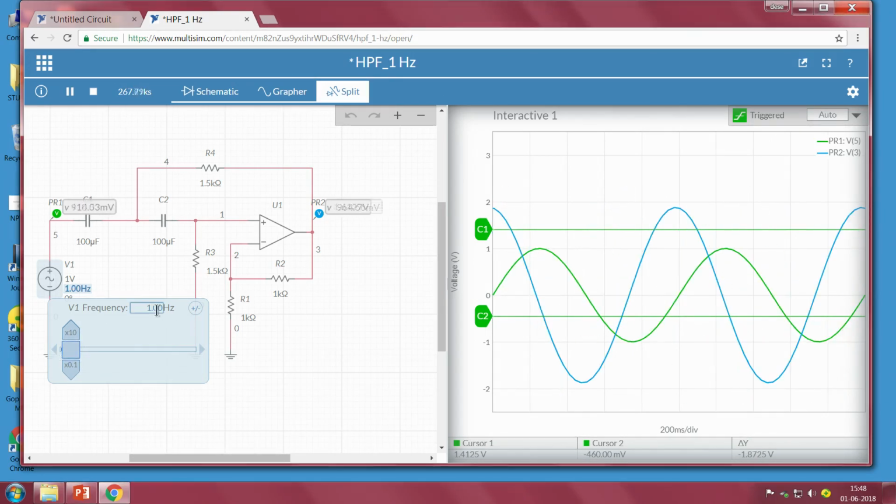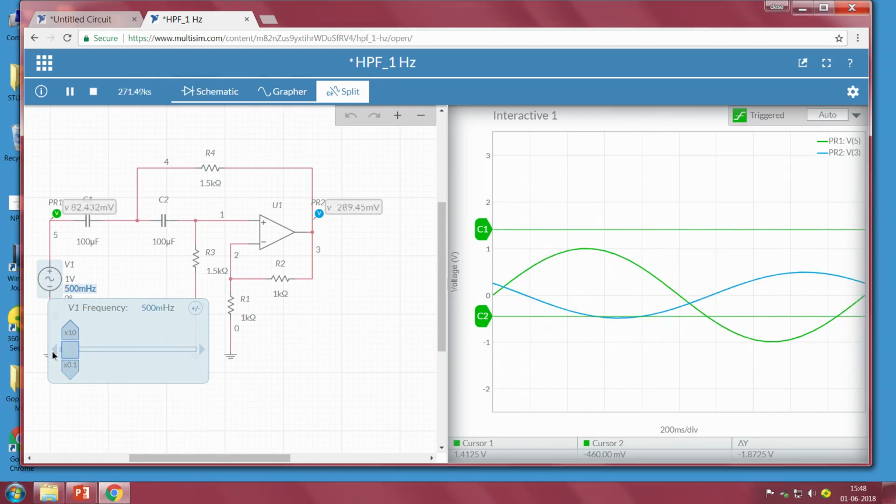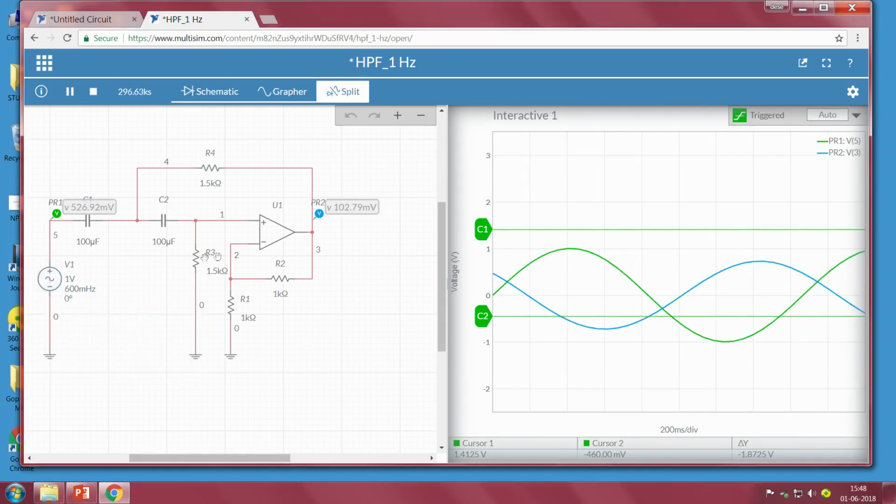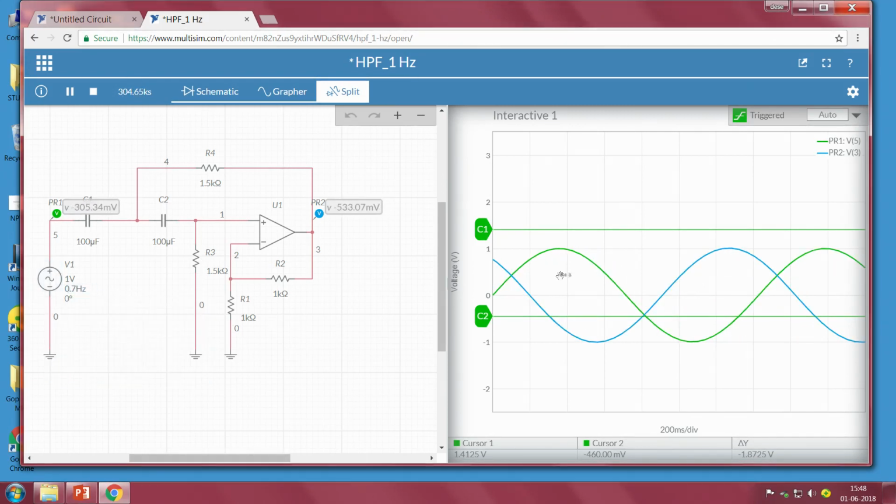Slowly decrease again. See, at 1 hertz it started decreasing. At 500 millihertz, it is even lower than our C1. So, the value is somewhere between 1 hertz and 500 millihertz. In order to understand, I will slowly increase to 600 milli and observe the value; no. Then 700 milli, not even close.